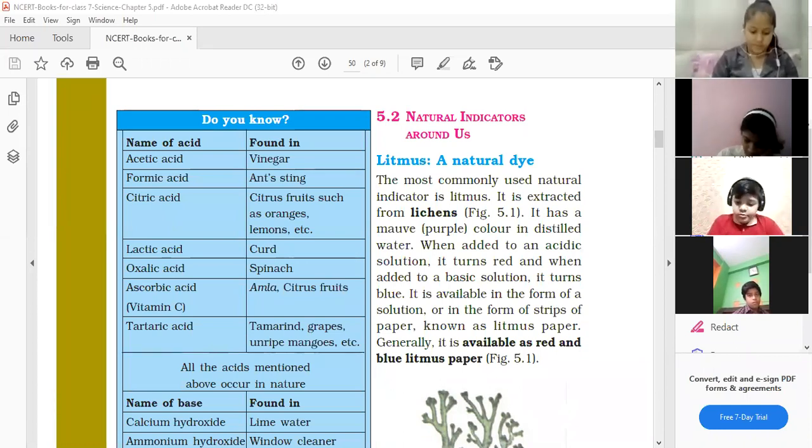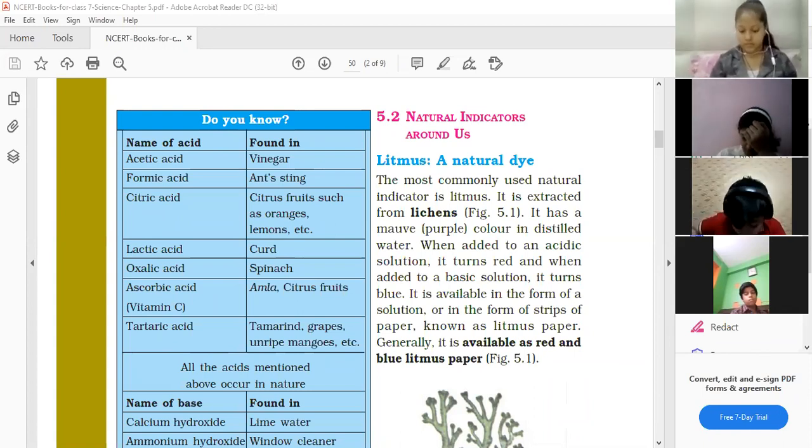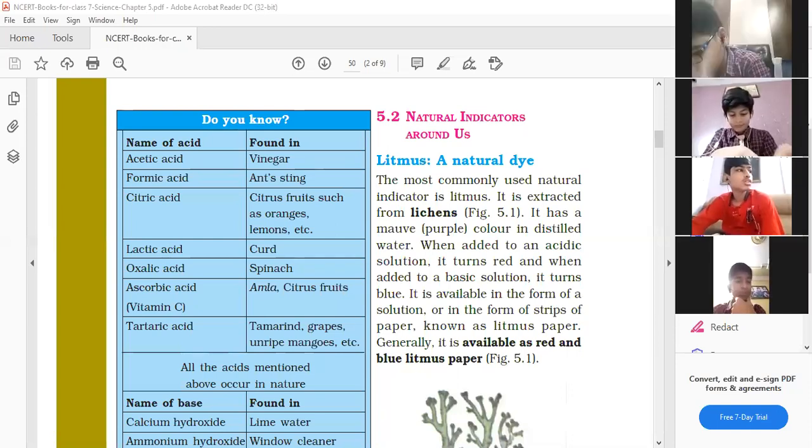When added to an acidic solution, it turns red, and when added to a basic solution, it turns blue. It is available in the form of solution or in the form of strips of paper known as litmus paper. Generally, it is available as red and blue litmus paper.